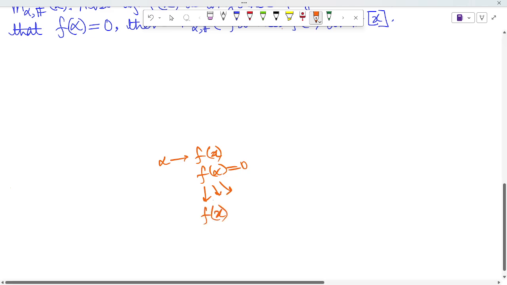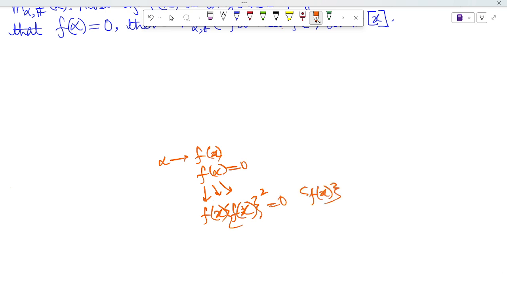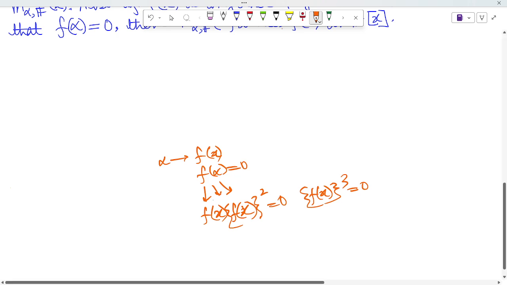Suppose f(x) times something, f(x) into that square, or f(x) cube. Alpha will also satisfy this equation, f(x) to the power 4.